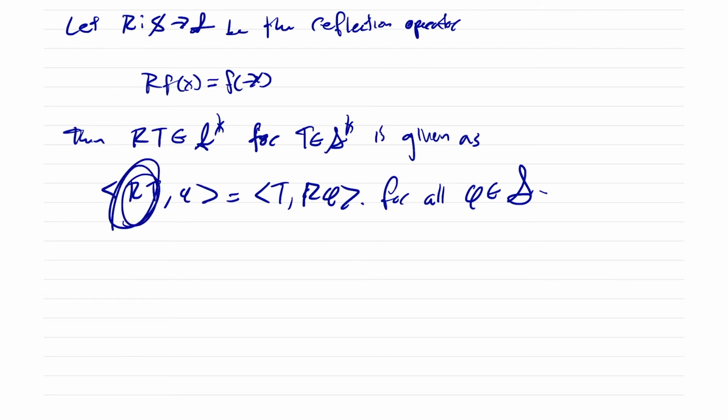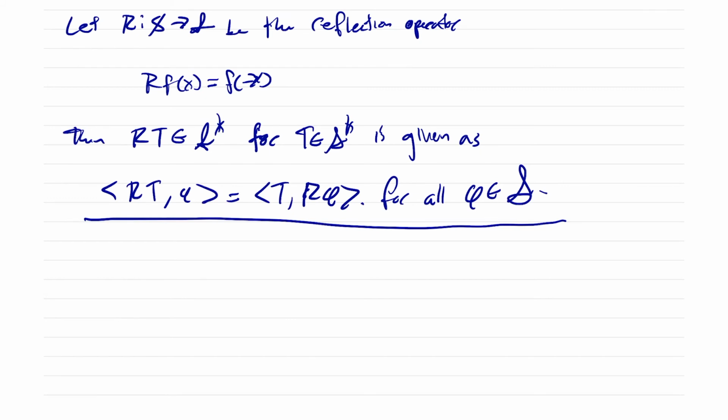So if we're going to think of it happening to T over here, well, instead of coming up with some weird way of defining it for T, we're just going to hit it on phi first, and then we declare that this overall distribution, which is still a distribution, is our new tempered distribution. Okay, so now we need to talk about the big one, and this is convolution.